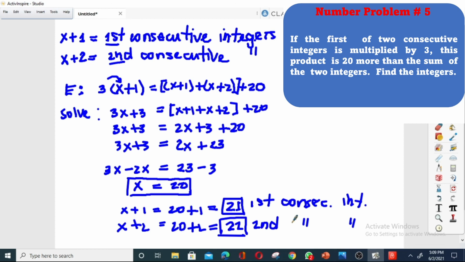So that's it for number problems. I hope you learned something from this. The technique here is you should know how to translate English phrases into algebraic expressions, and choose a variable that corresponds to the correct unknown quantity. Okay, so see you on my next video, which is the coin problem.